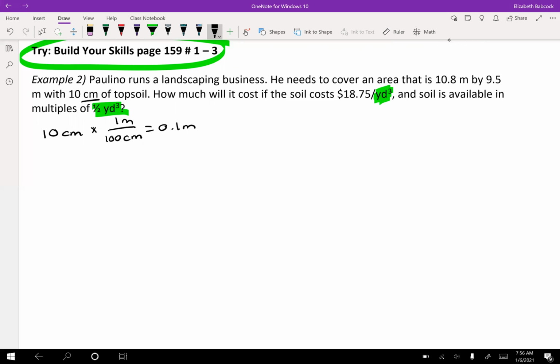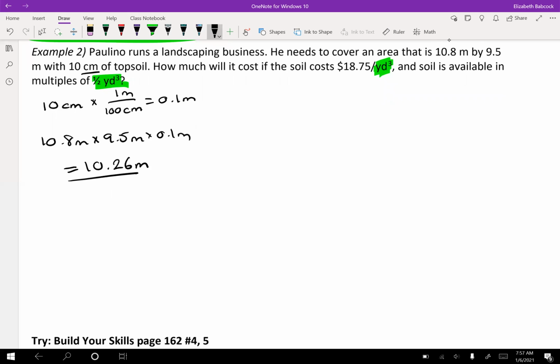Okay, then we get our numbers and multiply them together. Are 10.8 meters times 9.5 meters times 0.1 meters. And it'll give us 10.26.